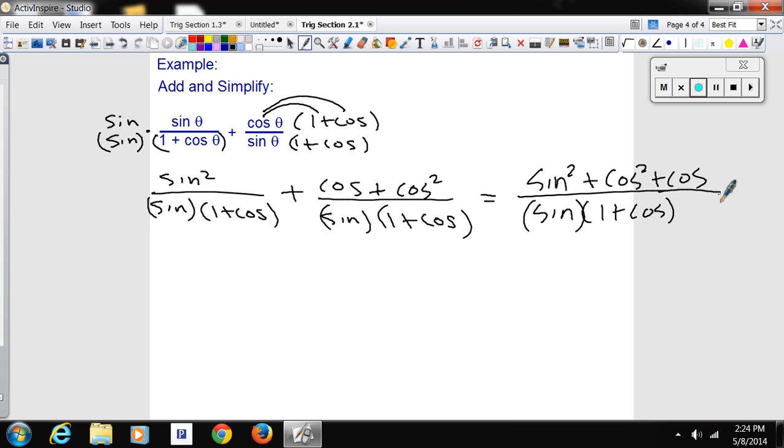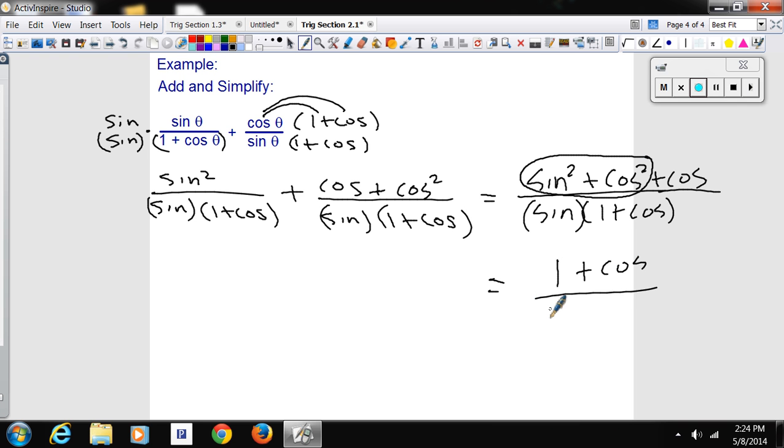Okay, so I'm going to do that. Now, does anybody see what I might be able to do next? Simplify. Okay, good. Anybody see anything special? Where's the 1? Aha, right here again. That equals 1. So I'm going to take that out and put in 1 for that, and then 1 plus cosine.